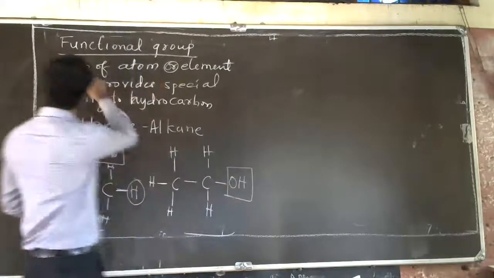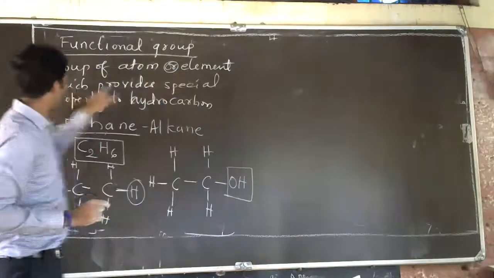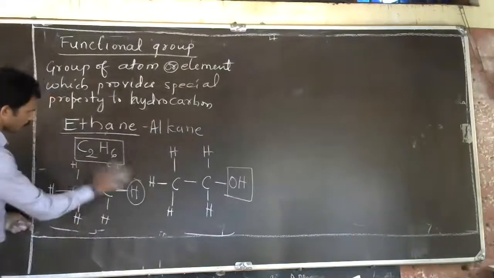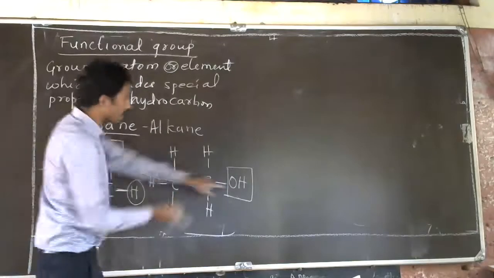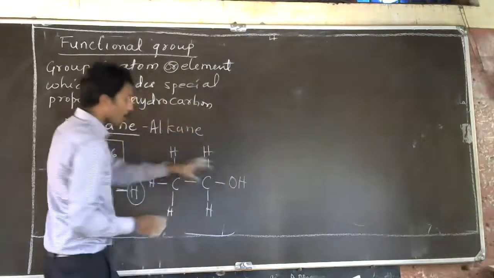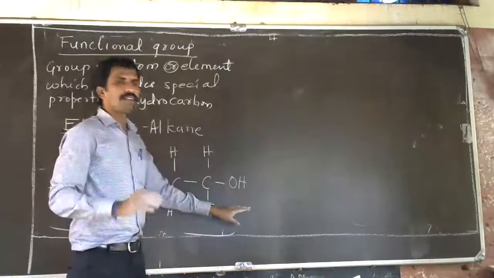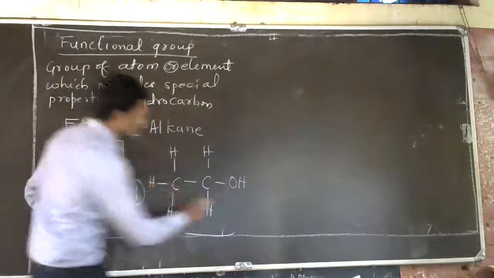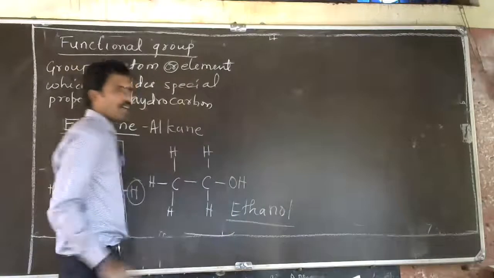Now you just go through the definition: a group of atoms or elements which provides a special character to the hydrocarbon. This is the original hydrocarbon which contains C2H6. When one of the hydrogens is replaced by OH, the property of ethane will change to alcohol property, and this compound is now called ethanol.